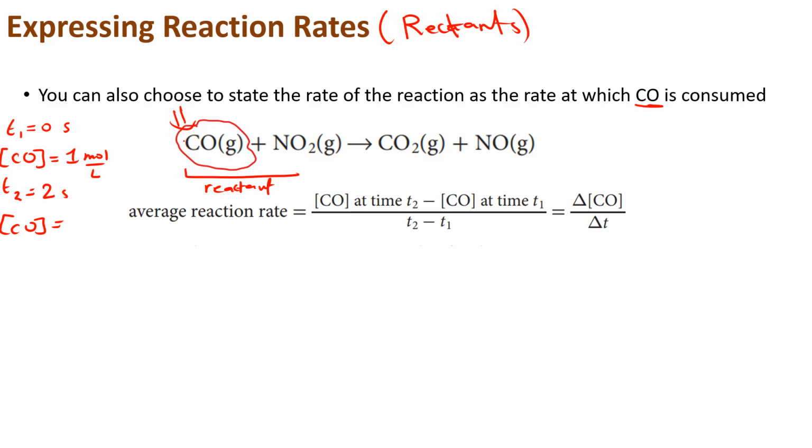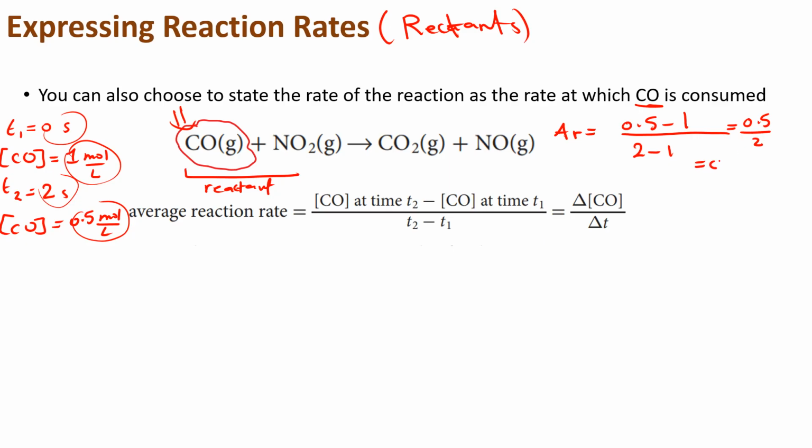So because it's decreasing, it's a reactant, the concentration should be lower than 1. So for example, let's say 0.5 mole per liter, right? So if we try to calculate the average rate, it's going to be final minus initial, so 0.5 minus 1 over time final minus time initial, which is 0.5 over 2, which is 0.25 mole over liter times second.